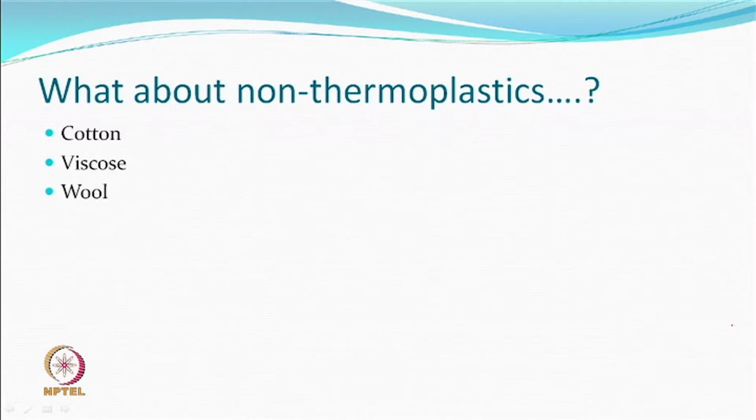If we look at the non-thermoplastics, any material can be used, but a good amount of work was done on cotton, viscose, some amount on wool, and in some different senses, if you consider a high bulk material, jute, polypropylene combinations have also been done, which are also, as we said earlier, spun yarns.